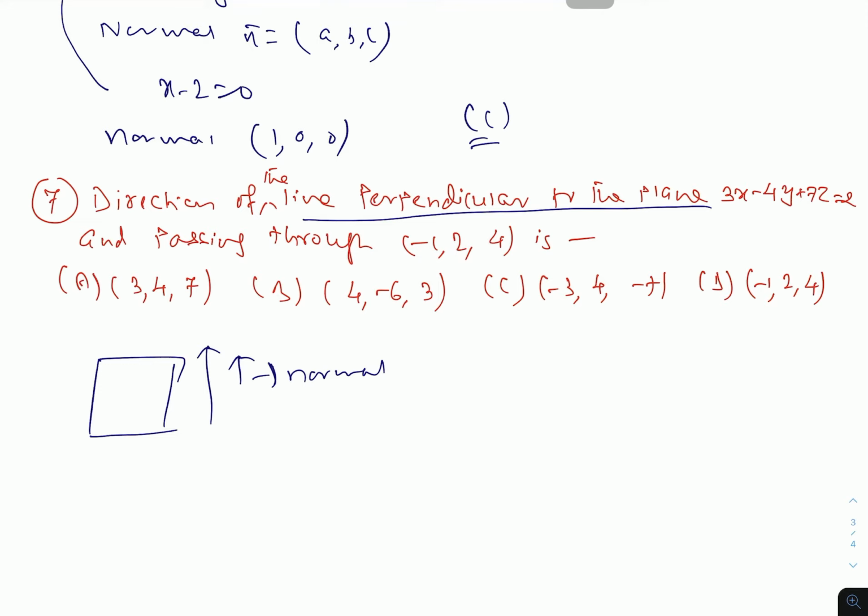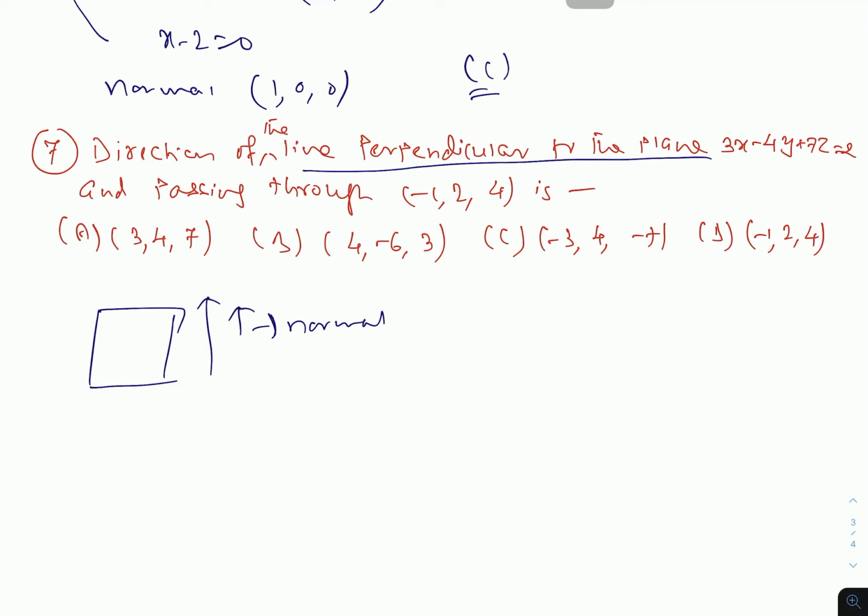Now normal to this plane is 3, minus 4 and 7, but if you take plus or minus, then also it's valid. So the answer is option C, minus 3, 4 and minus 7.